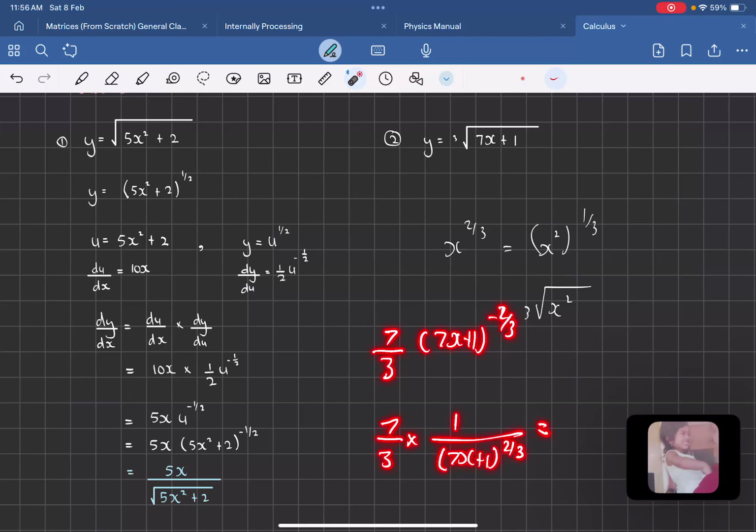If you remember standard 5 maths, numerator by numerator, denominator by denominator. So this will be 7 by 1 is 7, 3 by 7x plus 1 to the power 2/3. So the 7x plus 1 is supposed to be multiplied by the 3. Like you have 7 over 3, it's supposed to be multiplied by the denominator.